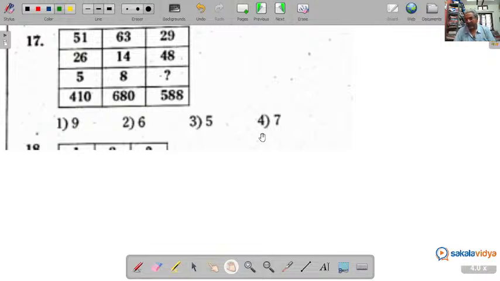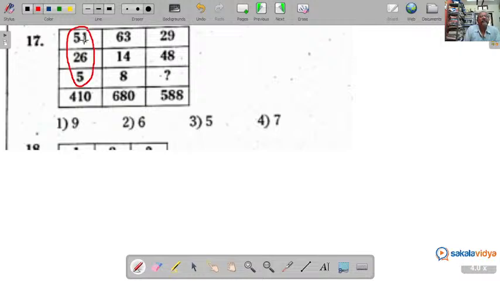The question number is 17: 51, 63, 29; 26, 14, 48; and next 5, 8 and question mark. So just find the sum of these three numbers.